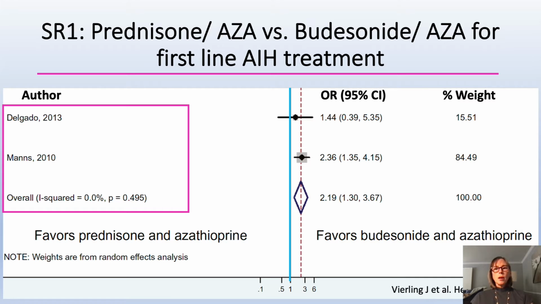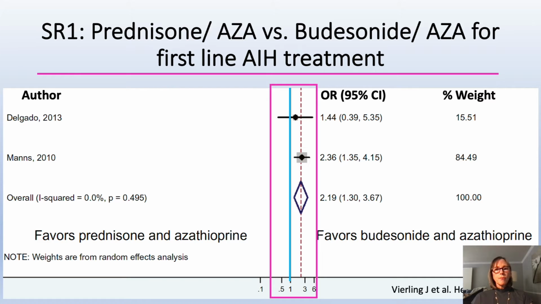So shown here are the results from the analysis of the previous clinical studies, and I'll walk you through this diagram, which is known as a forest plot. On the left are the names of the authors of the clinical studies that were analyzed. The results are shown in the middle, with the average of both studies shown with the diamond.